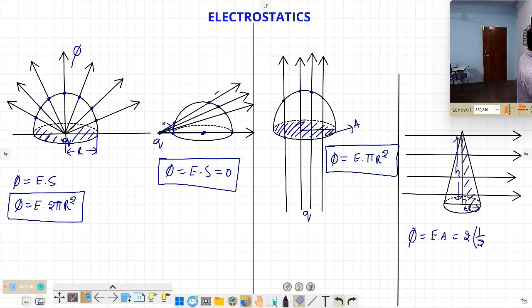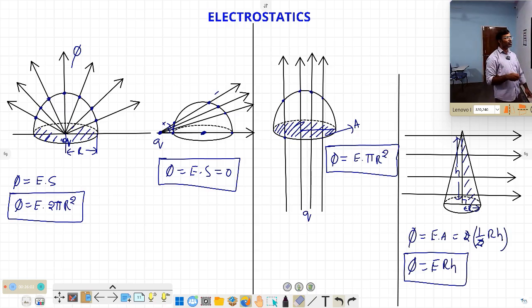What is the area of this part? That is half into base. The base is r, the height is h. So the 2 gets cancelled, and the flux is E into r into h, the flux enclosed through the cone structure.